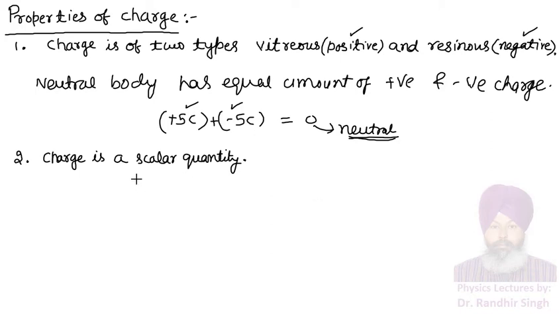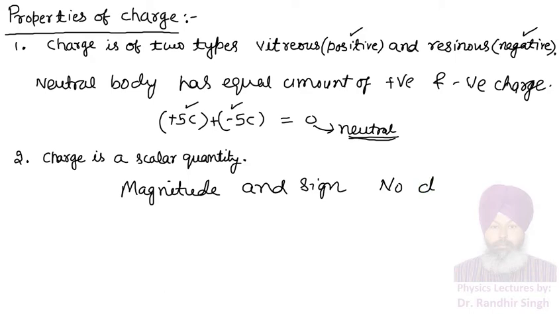So please remember, charge possesses magnitude and sign, but it has no direction. Charge does not have any direction. So this is the second property of the charge.